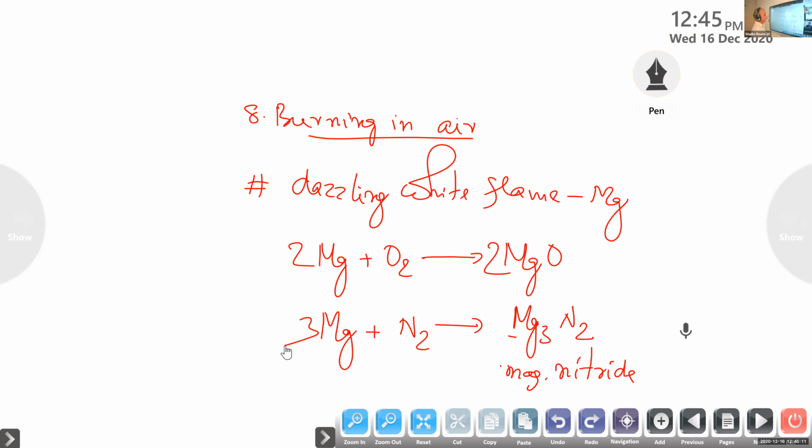There it is wrongly given as Mg2N3, which is not correct. It is Mg3N2. Make the correction. So 3 Mg plus N2 giving Mg3N2, magnesium nitride.